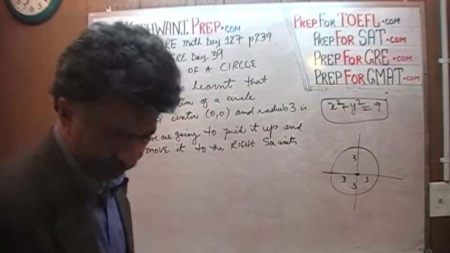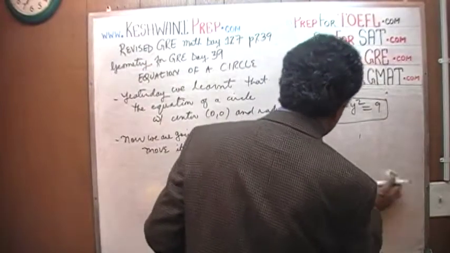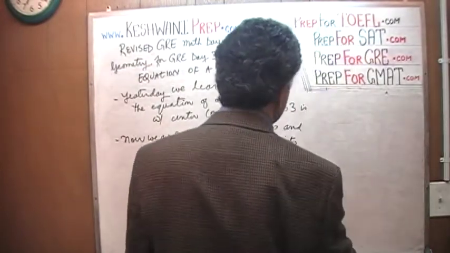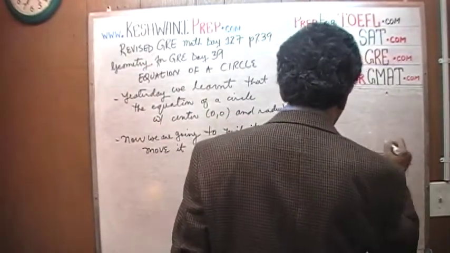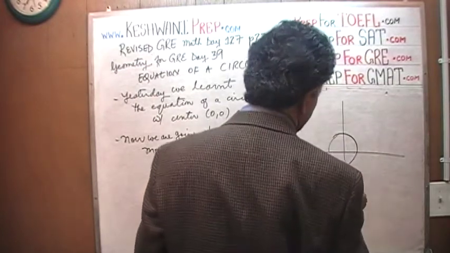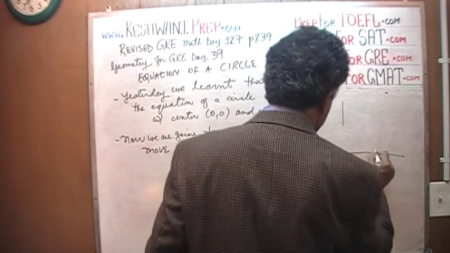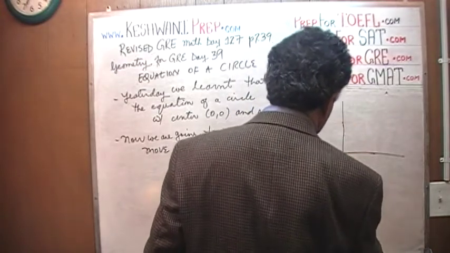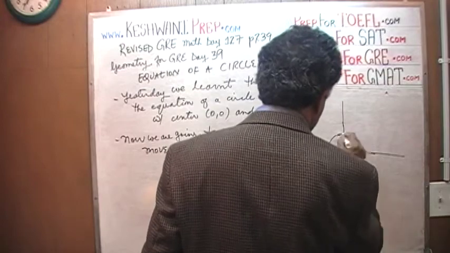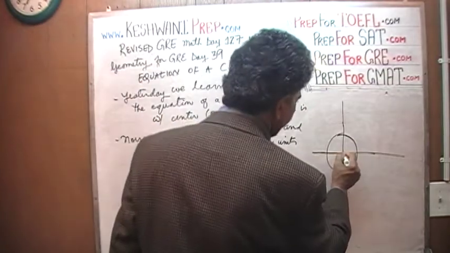So let's do it. Let's pick up the thing and move it, see what happens. Right here is the center. Why can't I draw a proper circle? This is 3. The center is a 0.